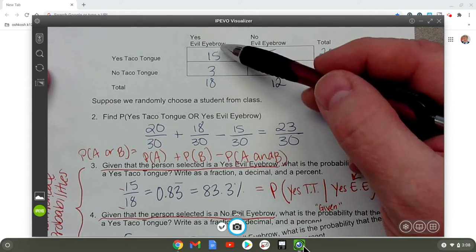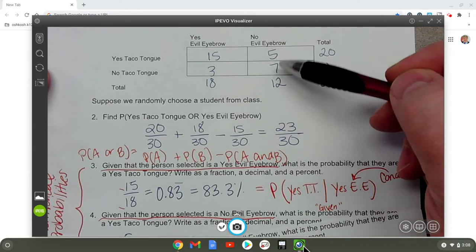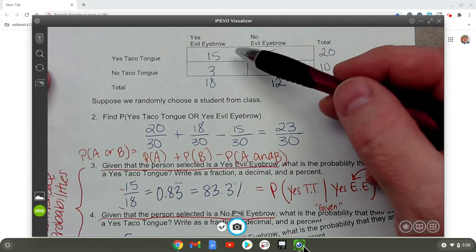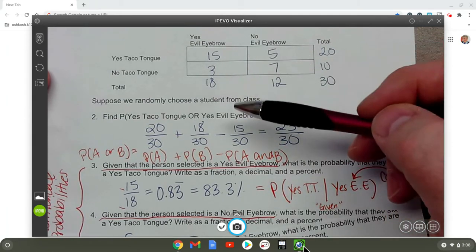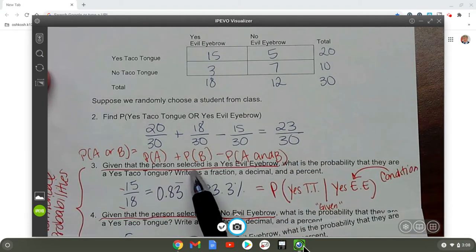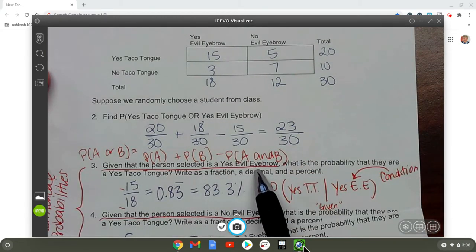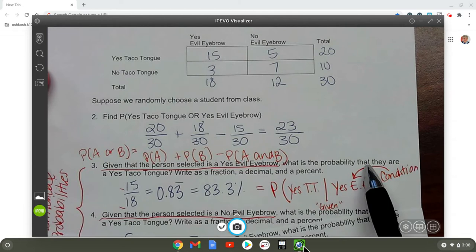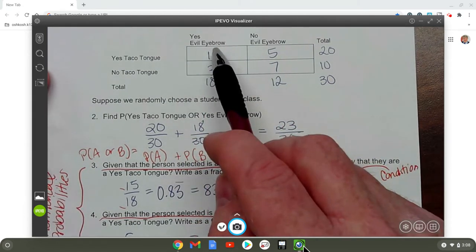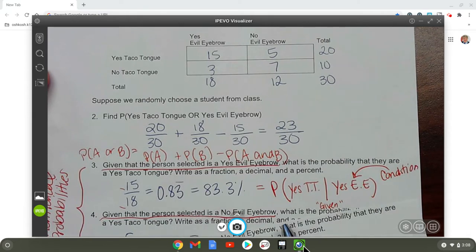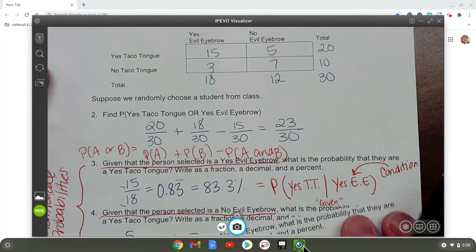So we're just working with this column. We're not working with the no evil eyebrow right now. So given the person selected is a yes for evil eyebrow, what is the probability that they are a yes for taco tongue? So we're just doing these 18. Yes for taco tongue is 15 out of 18. 83%. That's your conditional probability.